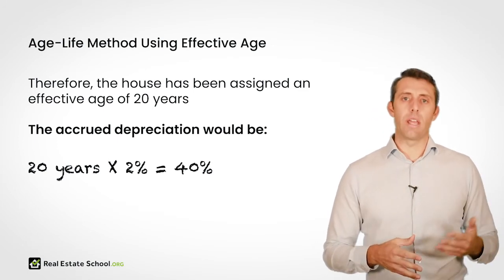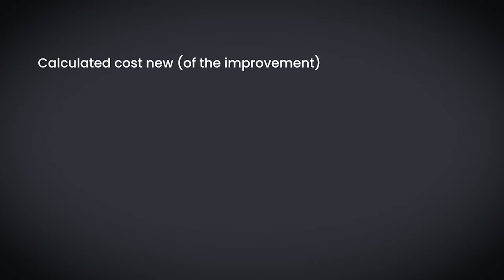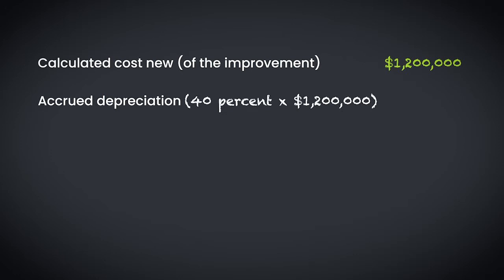Let's place our work in a table just for easier understanding. The cost new for this example, we will say, is $1.2 million. This is for the improvement only, and we will need to account for the land in a moment. Our accrued depreciation based upon the effective age is 40% times 1.2 million, which is $480,000.